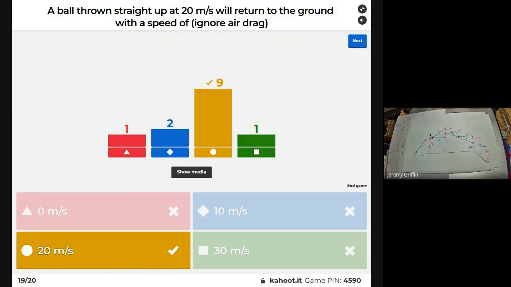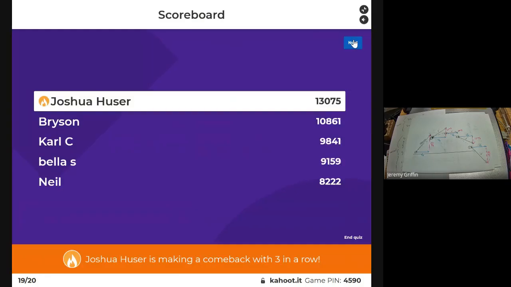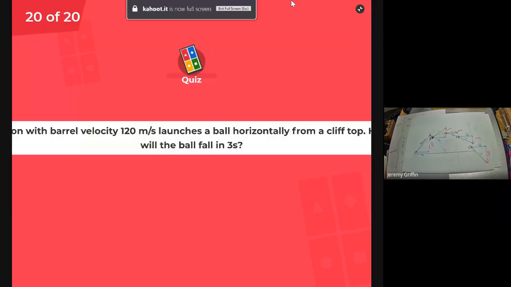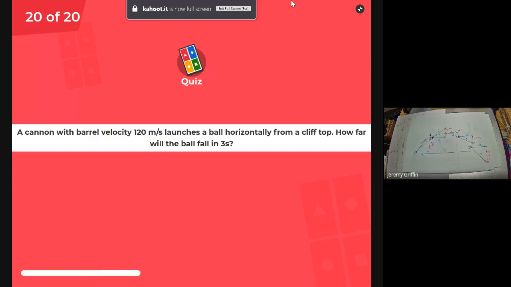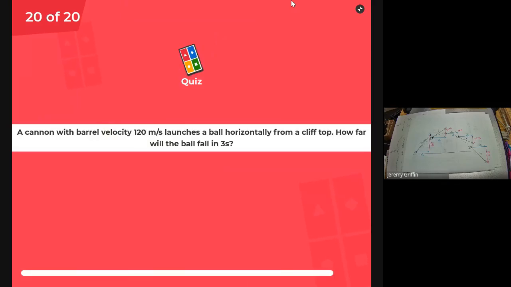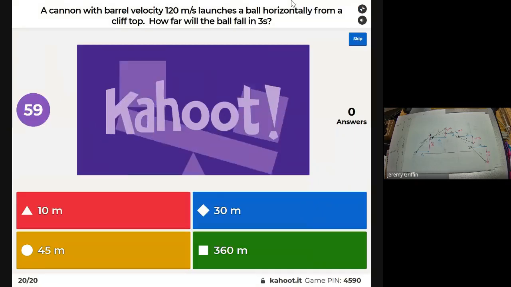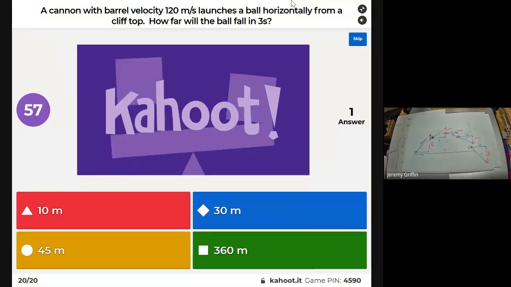All right. One more Kahoot question. Here's the last one. This is for the medals. Ooh, Josh is on fire. A cannon with a barrel velocity of 120 meters per second launches the ball horizontally from the top of a cliff. How far will the ball fall in 3 seconds?